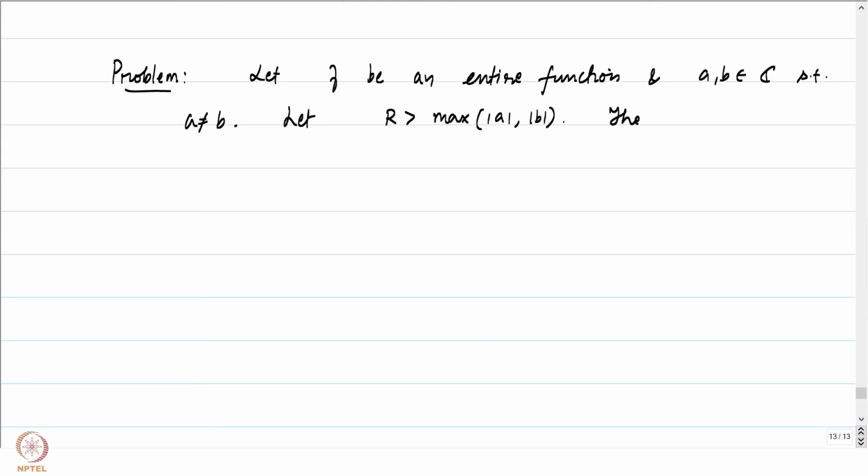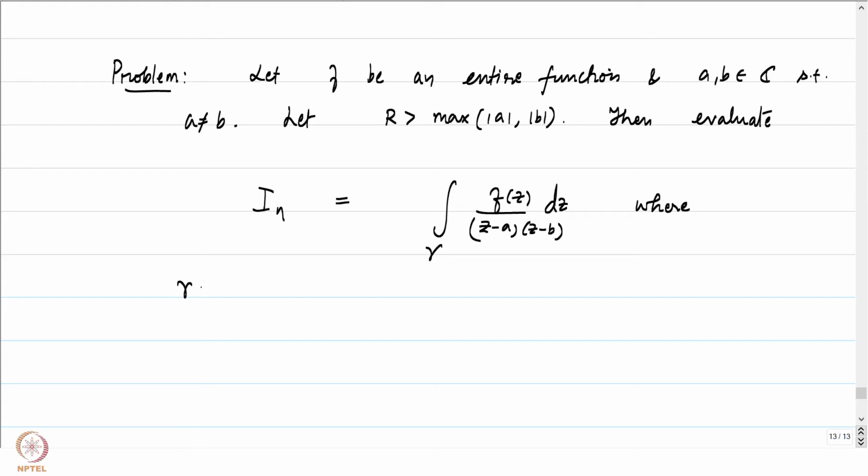Then evaluate the integral I_R, which is equal to the integral of f of z by (z minus a) into (z minus b) dz over gamma, where gamma of t is equal to R e to the power it for t in 0 to 2 pi.